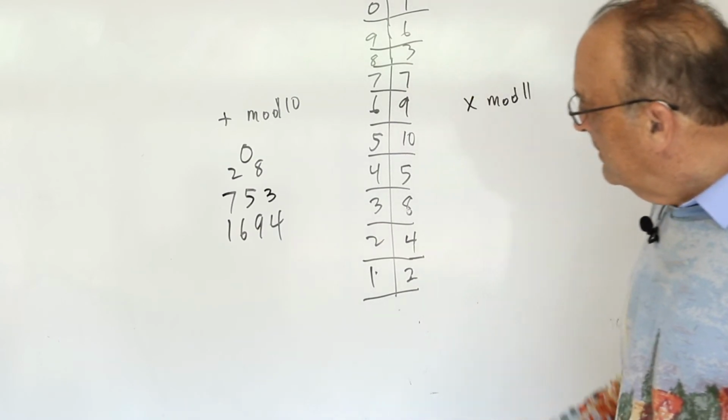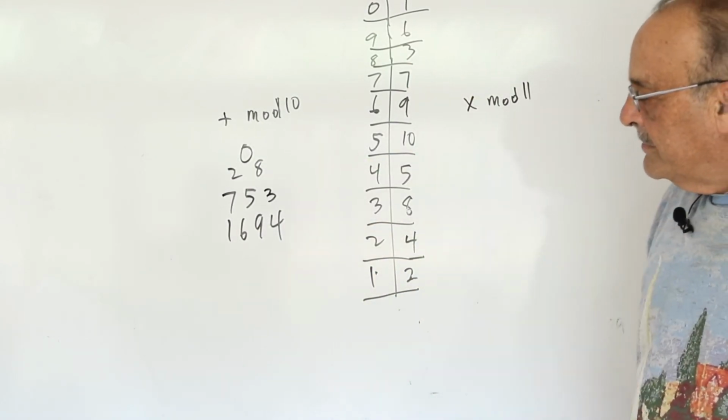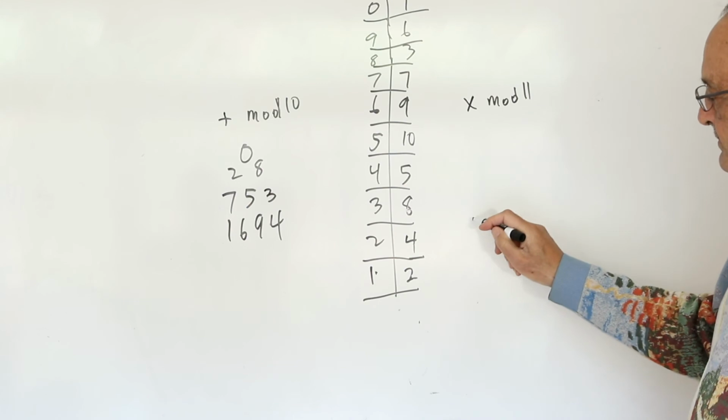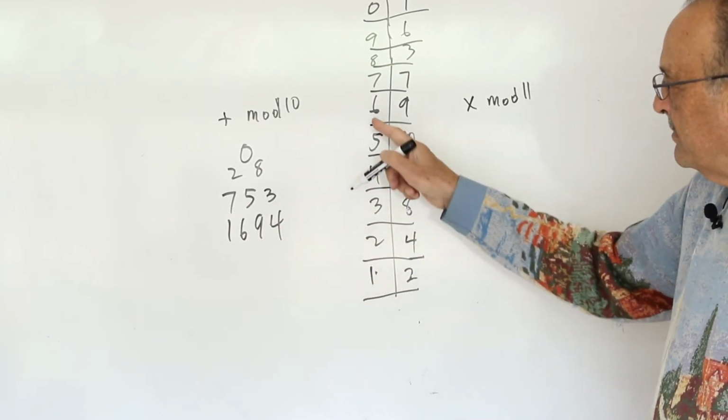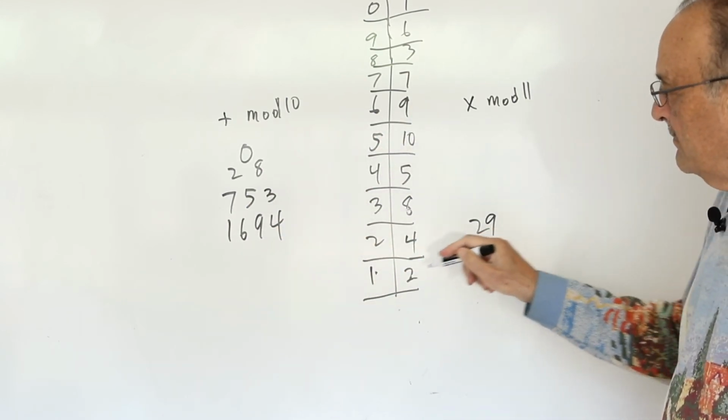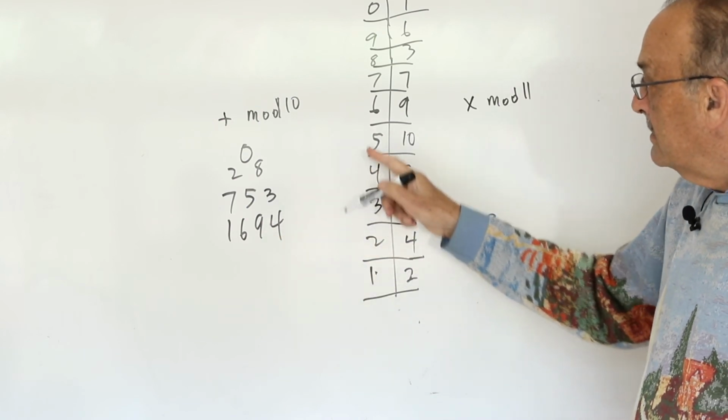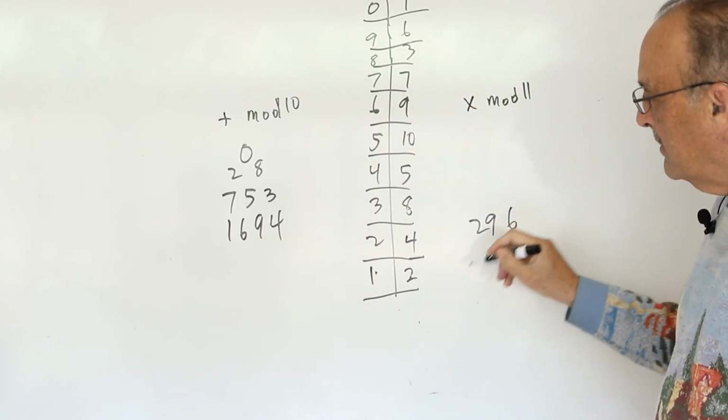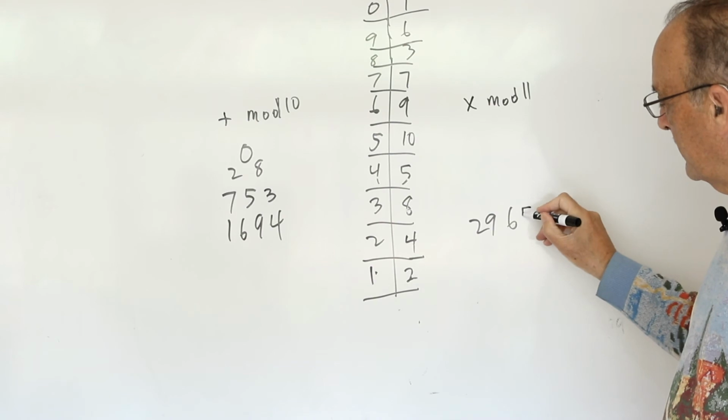What happens if we go the other direction? So if 1 becomes 2, 6 becomes 9, 9 becomes 6, and 4 becomes 5.